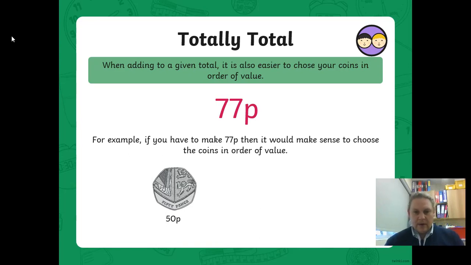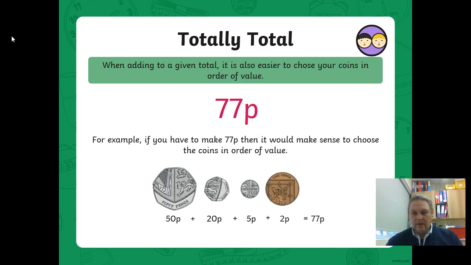We're already some way towards getting our 77p. Now, what's our next biggest coin that we can get without going over? It's going to be 20p. So we're up to 50, 60, 70 now. Then our 5p, we're up to 75p, and then our 2p brings us to 77p.